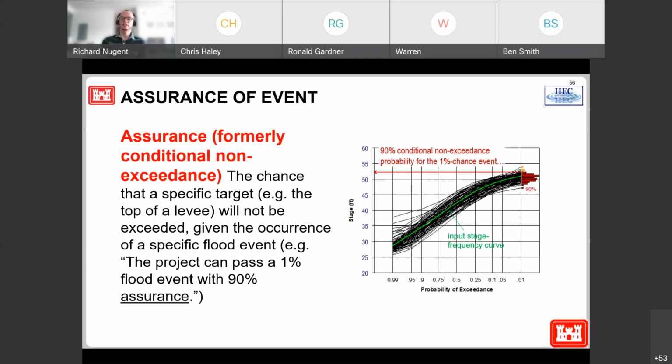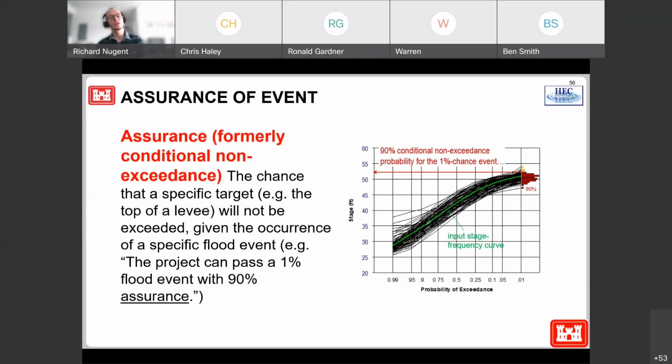So the assurance of a given event is the probability that the given flood event will not overtop a levee or cause significant damage. Now, the realizations of the stage frequency curve are again plotted on the right. The conditional non-exceedance probability can be defined as the fraction of stage frequency realizations that are below the target stage for a given event.